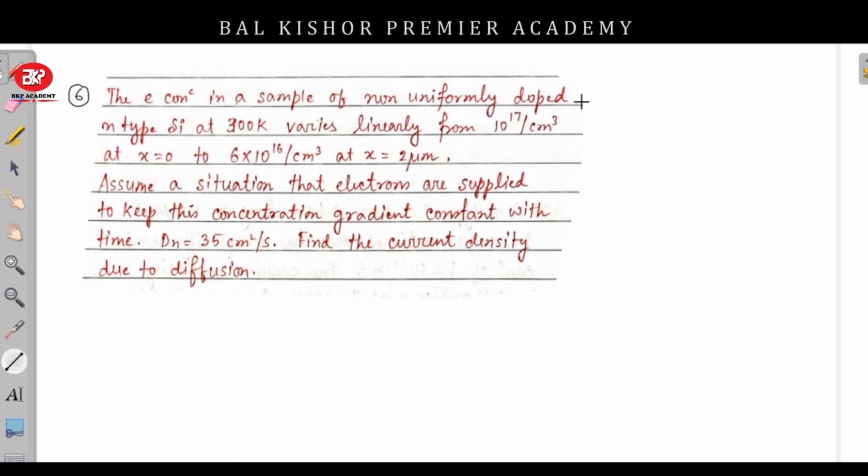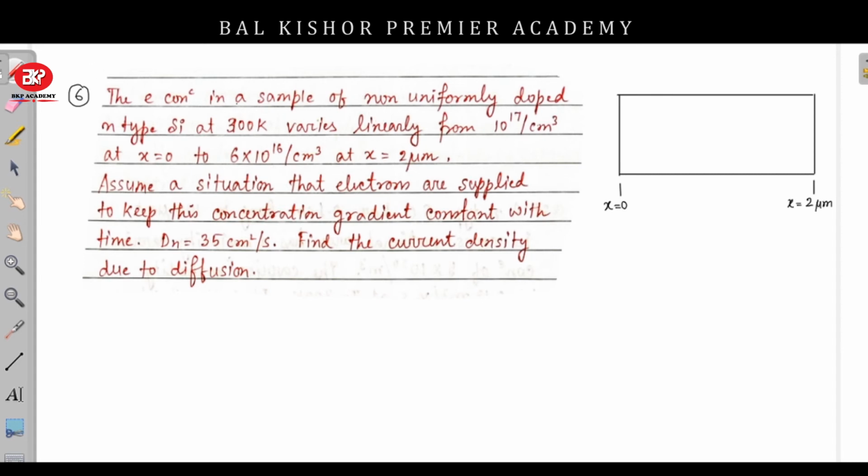That means if we have a non-uniformly doped n-type semiconductor, let us assume that this is x equals to 0 and this is x equals to 2 micrometer. Now the electron concentration in the sample is varying linearly.